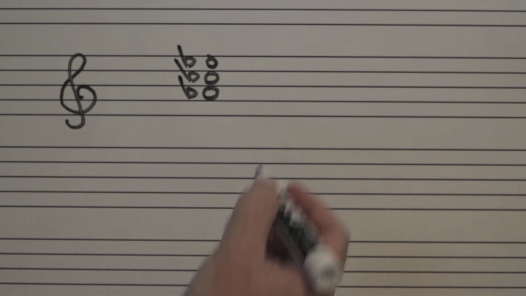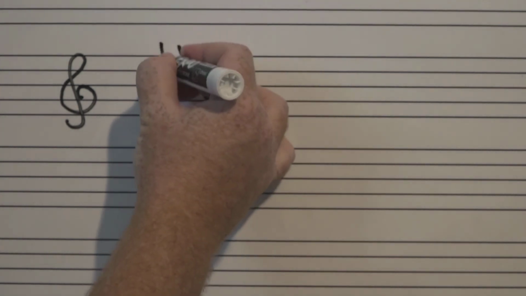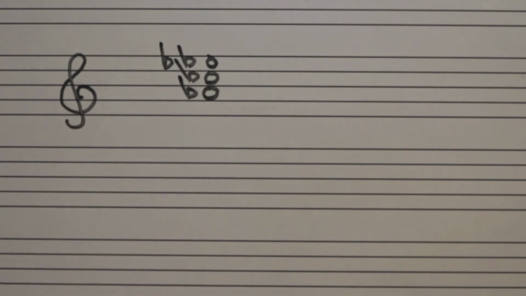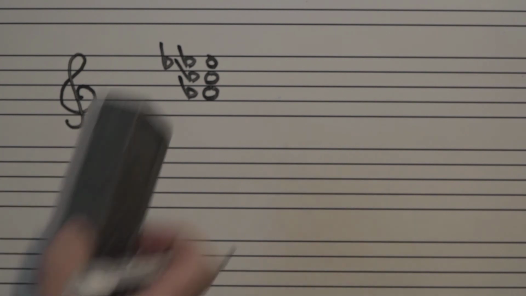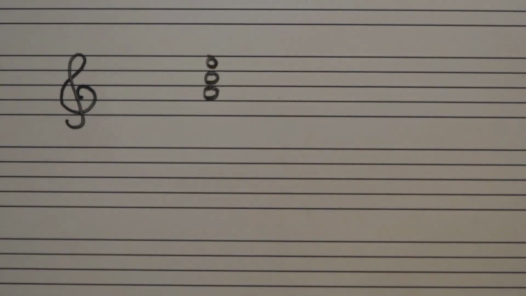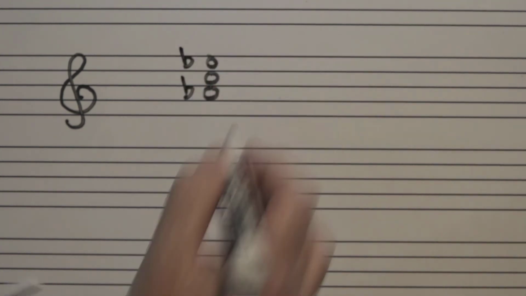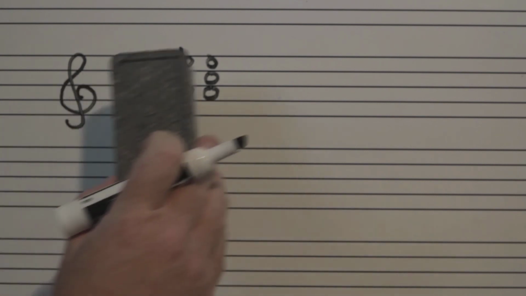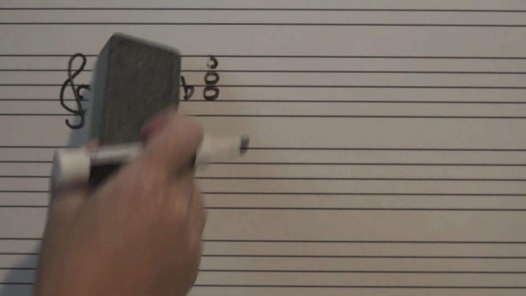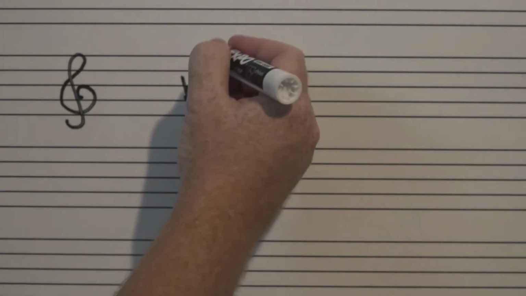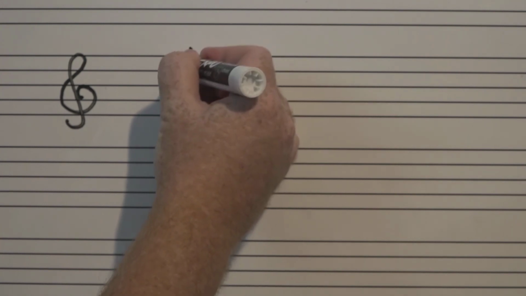And then what if we wanted to go to diminished? We lower the 5th to get to diminished. Let's reverse course and go to augmented. Well, if this is major, augmented would be raising the 5th. So there we are, an augmented triad.